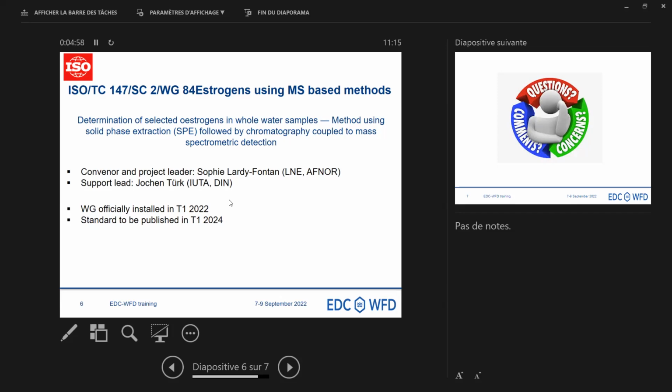The working group was officially installed at the beginning of this year, and the standard is going to be published in 2024. All the things that we have learned and will learn through this interlaboratory comparison will help to design this future standard that is needed if we want to have comparable, reliable measurements within Europe and worldwide.